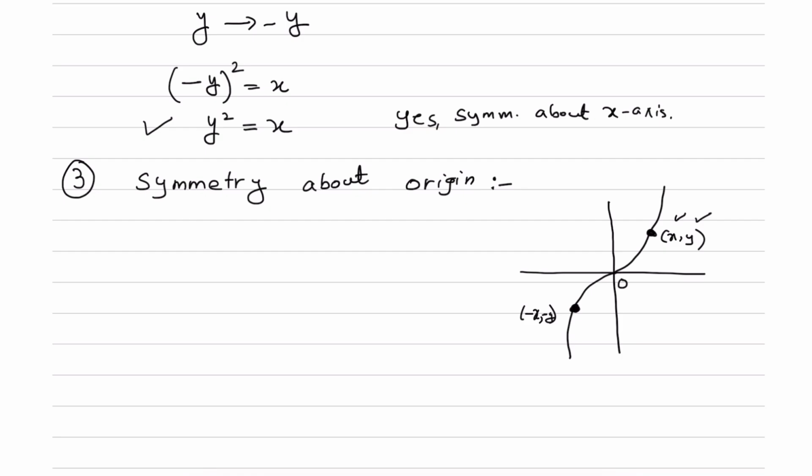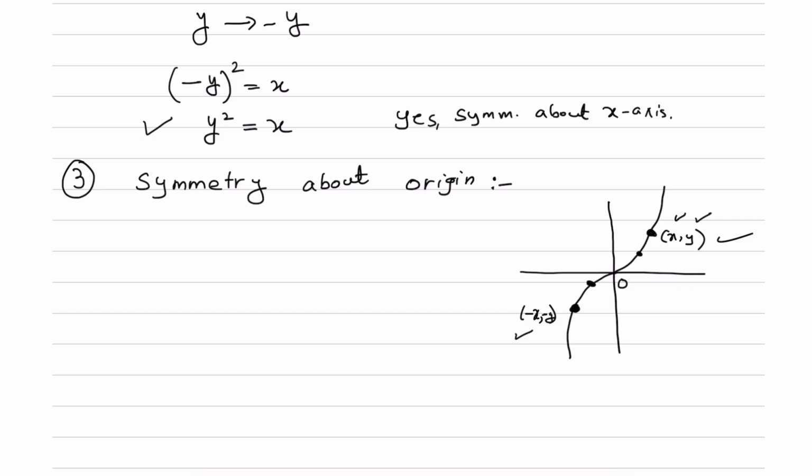Now see, in this graph we say that for every x y, minus x minus y also lies on the graph. For example, if x y is here, minus x minus y would be here. So this kind of a graph where for every x y the point minus x minus y also lies on the same graph, we will say that that graph is symmetric about origin.